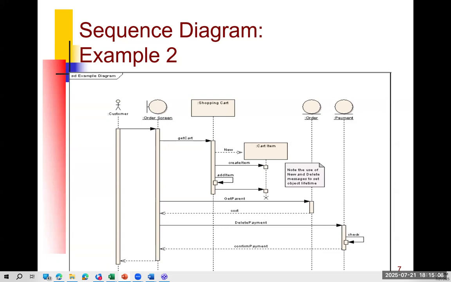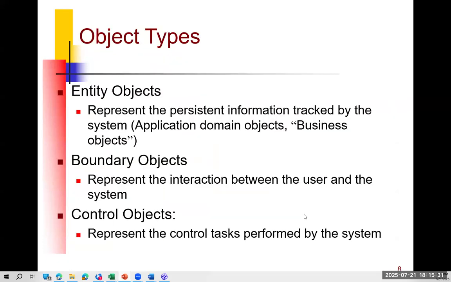Later on, I get a result, but I don't wait. I immediately go to the second task and the third task. That's called asynchronous, and it can be modeled using the sequence diagram by modeling this return message. You can see this return message is not immediately coming back. It takes some time to come back.